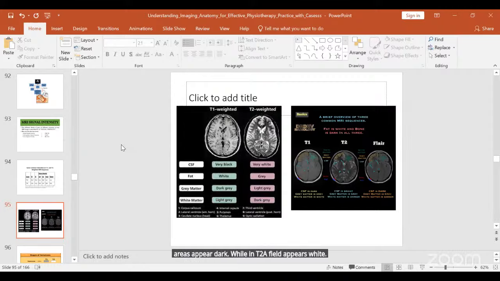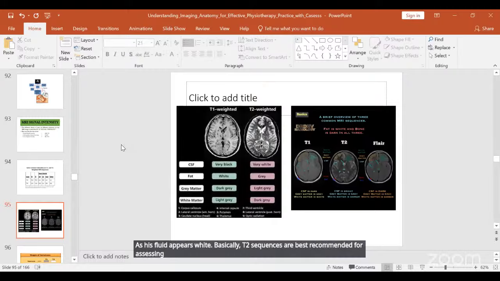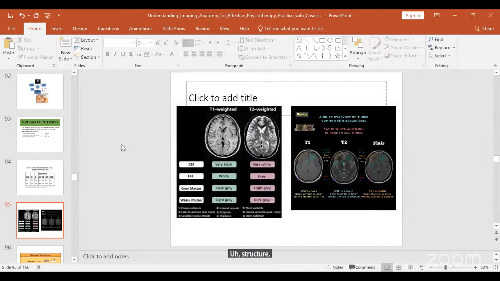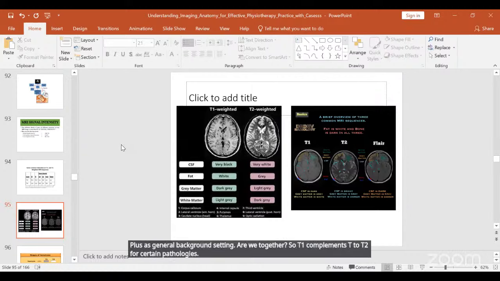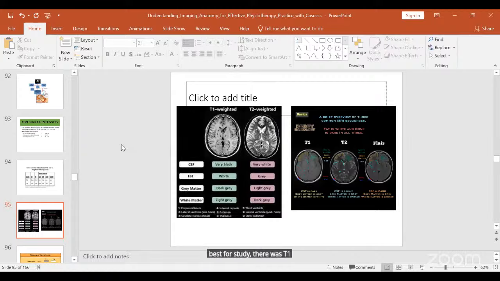And since fluid appears white, T2 sequences are best recommended for assessing pathological structure. Because inflammation leads to generation of fluid, so it can easily be seen. While T1 is basically to assess morphology, to assess general background setting. Are we together? So T1 complements T2.